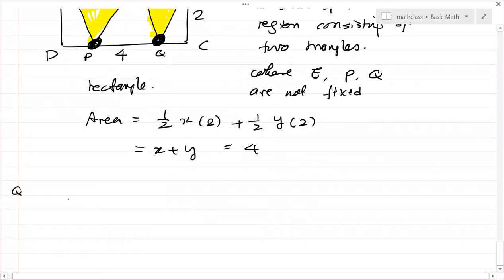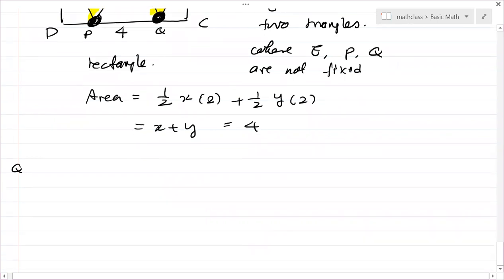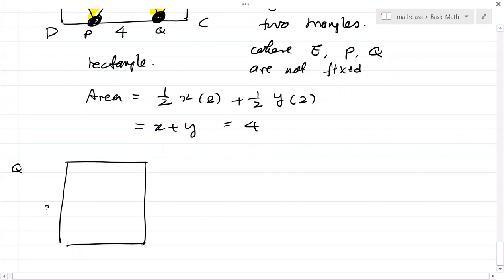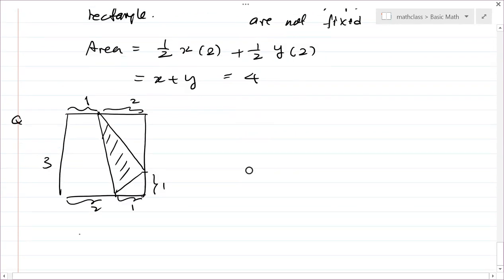All right, let me ask you to do another problem. Here's a rectangle, this side is 3. And here's a point, here's a 1 and a 1. Actually, this is a square.